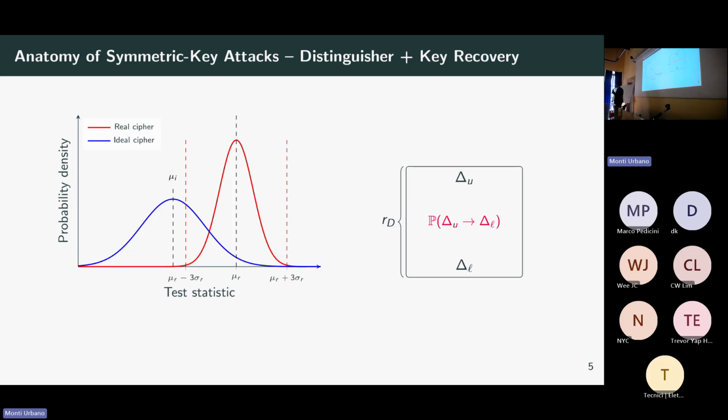The mean is almost 2 to the power of minus n, where n is the block size. But for the real cipher, the number of pairs that satisfy the differential again follows a normal distribution, but it typically has a larger mean, which deviates from the mean of the ideal cipher, as you can see in this shape. This way, we can distinguish between the ideal and real cipher.